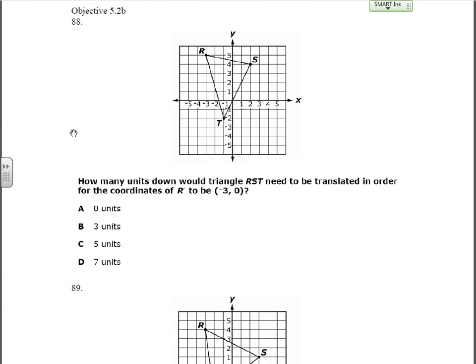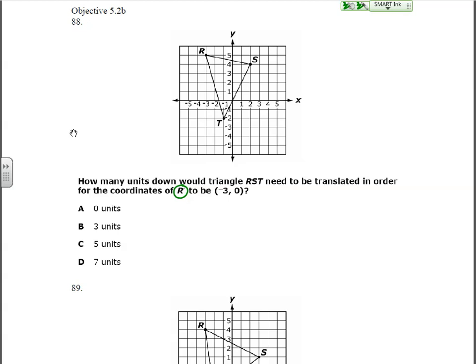Okay, so this is where we start with the translations and rotations and things like that. Like I said, you've talked about this before. It's probably been a couple of years, but it says, how many units down would triangle RST need to be translated in order for the coordinates of R to be -3, 0? You see this R prime. We've talked about that before when we did dilations back in CO38.